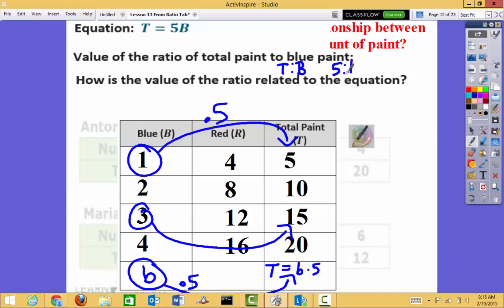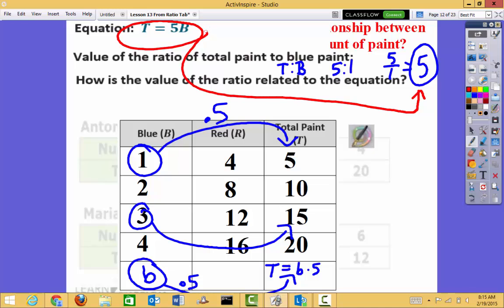And what does that mean? Well, it means this. I'm going to then rewrite as a fraction and simplify. So my value is just this. It's just 5. Now I want you to think, how is the value, my value is 5, related to my equation? Well, hopefully you see my value is actually the coefficient. It's actually that number right in front of the variable.